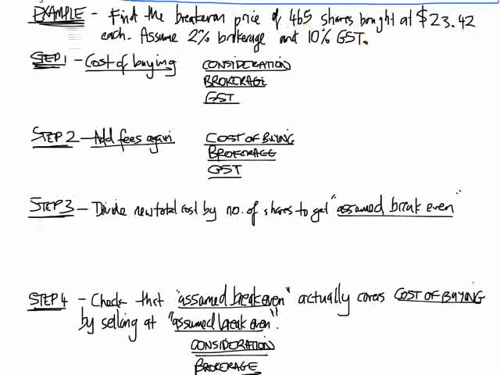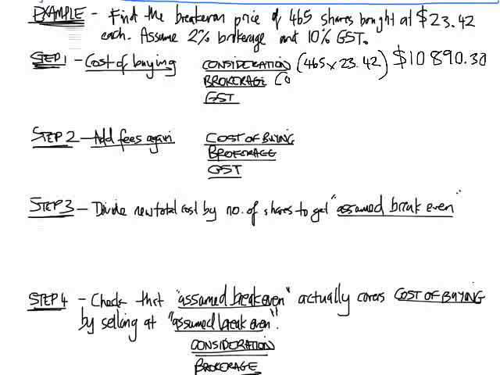So first step, just like I said before, is like a buying shares problem. So consideration is number of shares, 465, times the cost per share, $23.42, which is going to be $10,890.30 consideration.